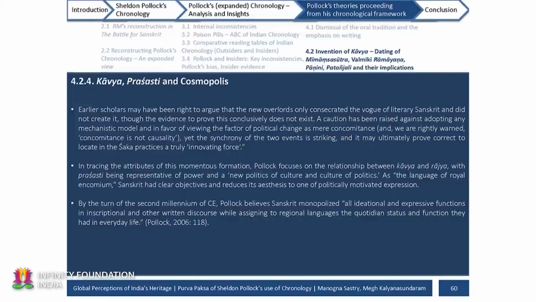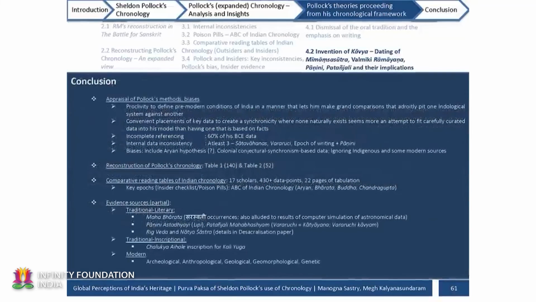If we could quickly summarize whatever has happened, if you read in our paper further, what we do is analyze his methods and show how he has a proclivity to make comparisons that pit one indological system against another. He also conveniently places data and seems to create a connection, and if that is not possible, even force fit.